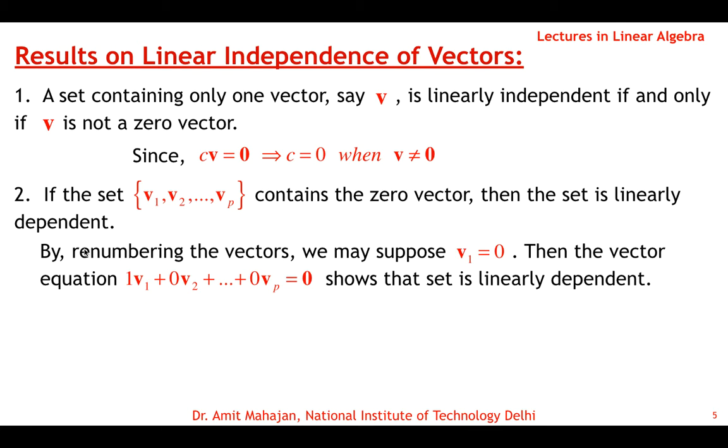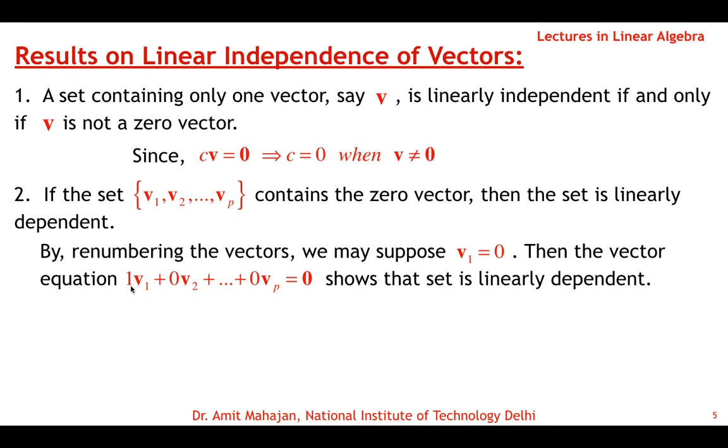The reason is simple. If we renumber these vectors such that we suppose the first vector is the zero vector, then the vector equation can be written as 1 times v1 plus 0 times v2 plus so on, 0 times vp equals 0, and this equation is satisfied with a non-zero constant.